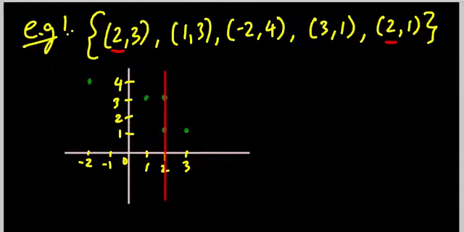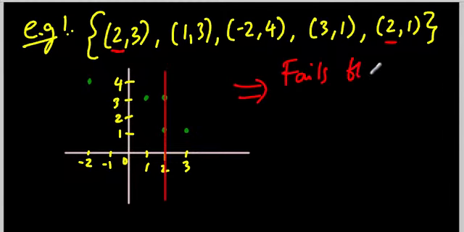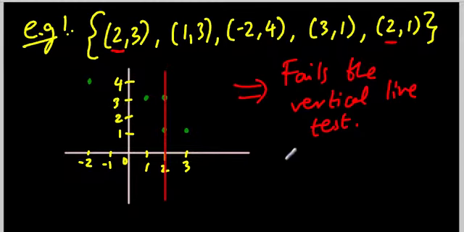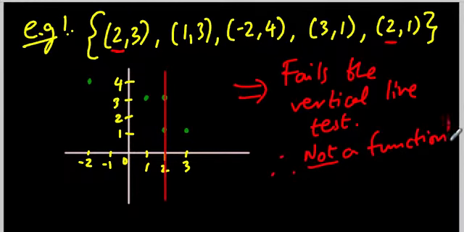So therefore, in red, I'm going to write: fails the vertical line test, and therefore not a function. Okay, so this is definitely not a function.